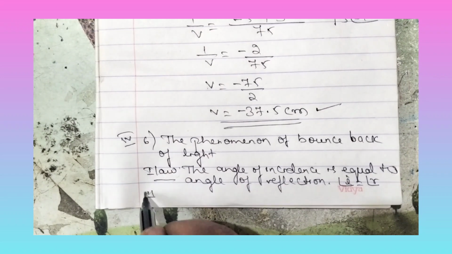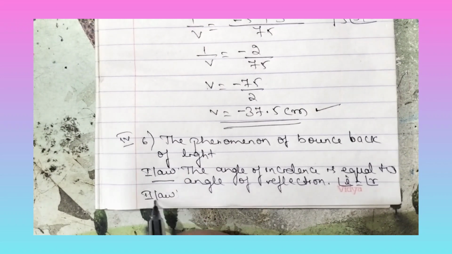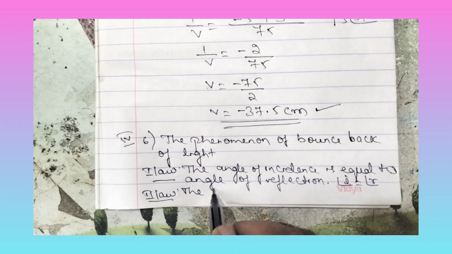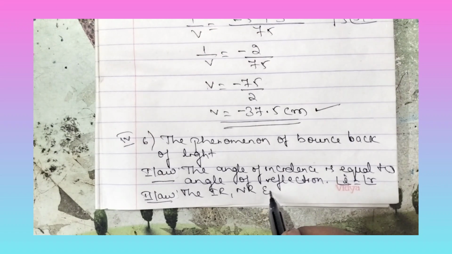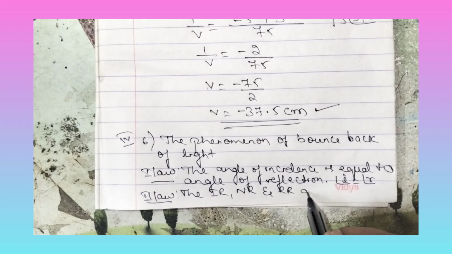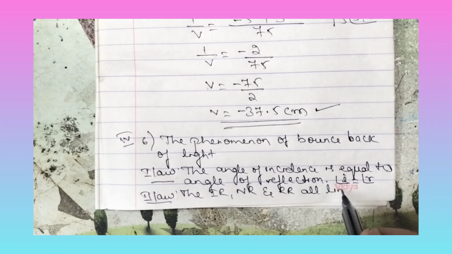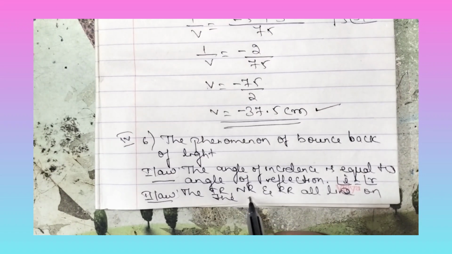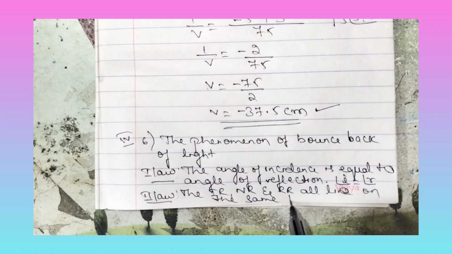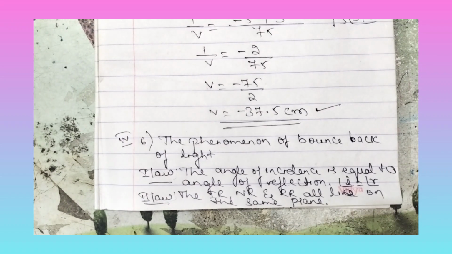Then the second law: the incident ray, normal ray and reflected ray all lie on the same plane. So this is the second law.